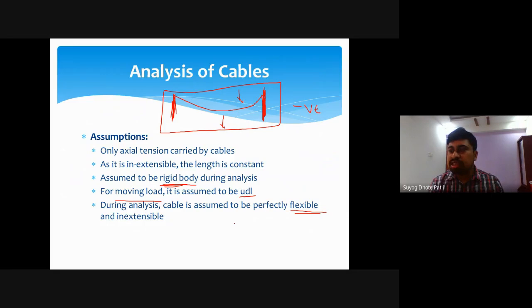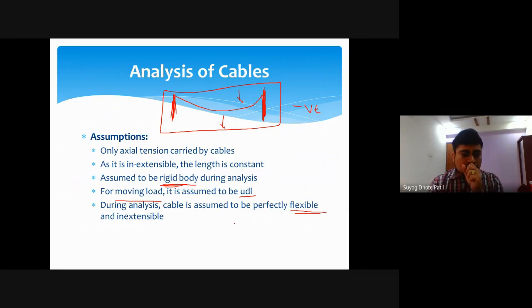During analysis, the cable is considered flexible, and after considering its flexible nature there is an effect of temperature on the cable. So there is a different formulation for the temperature effect also.